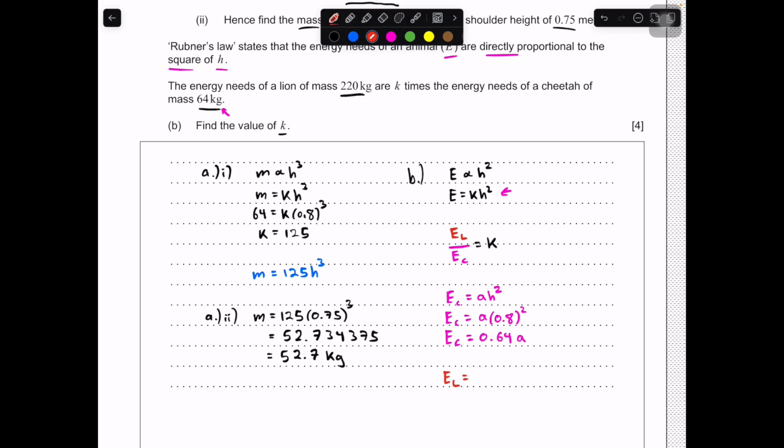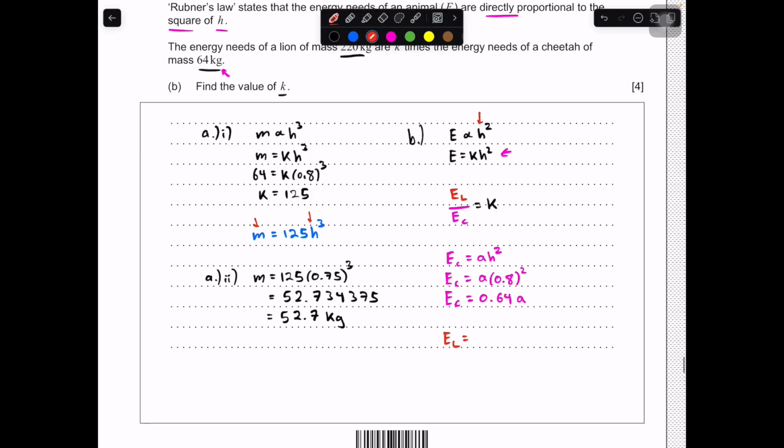Unfortunately, to find the energy needs, it's only in terms of height. And we don't know the height of the lion, we only know its mass. But we do have this equation right here, which links mass and height. So let's go and find the height of this lion, and then we can use that to find the energy needs of the lion.